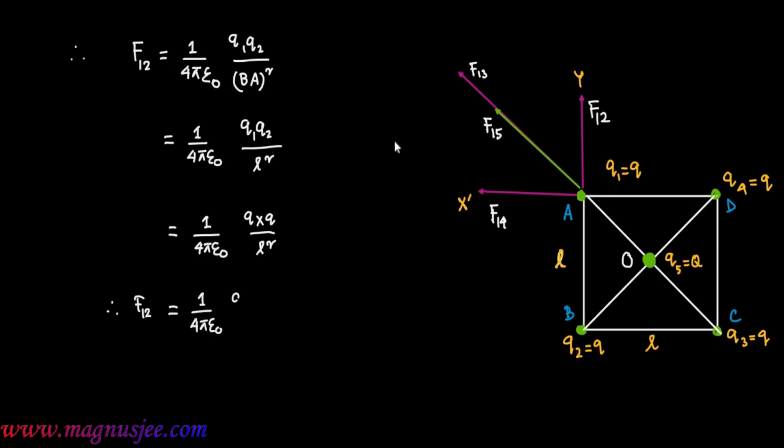Finally, we get F12 equal to 1 by 4 pi epsilon 0 q square by L square.